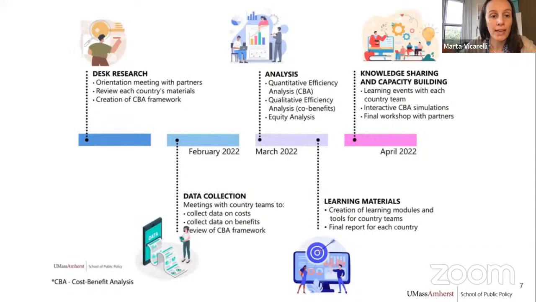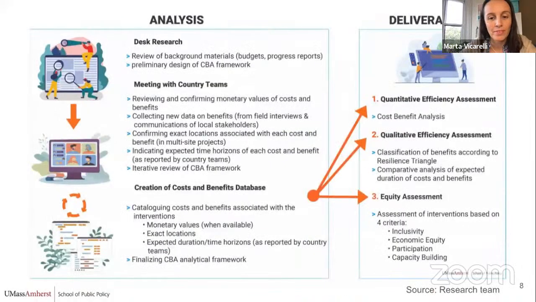Then we proceeded with the analysis, and the analysis, as I said, incorporates both an efficiency and an equity analysis. And the last 2 components of our methodology included also creation of learning materials and transfer of the learning materials to the country teams to build capacity and to allow them to reproduce this type of analysis in the future.